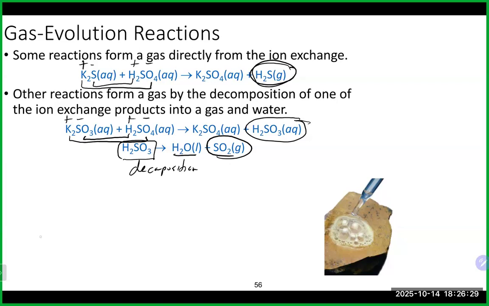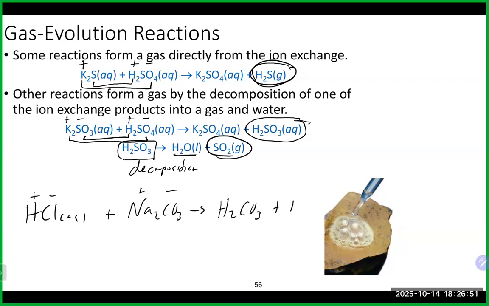Kind of like when you put some sodium bicarb or baking soda on an acid. If you take some HCl and react it with a little bit of sodium carbonate or sodium bicarbonate, again, you get a double displacement happening here, and we end up with H2CO3 and a little sodium chloride, with some balancing here, maybe like so.